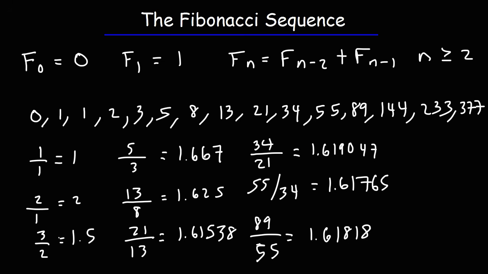If we try a few more, let's say if we take 144 and divide it by 89, you could see this pattern develop even further. This is going to be 1.617978. And then the next one, 233 divided by 144.